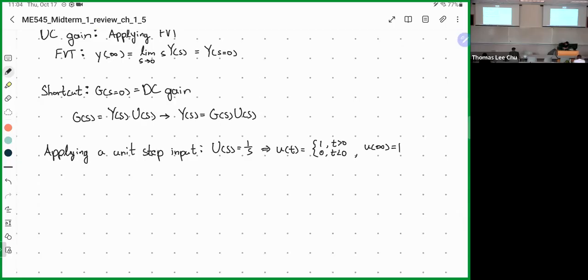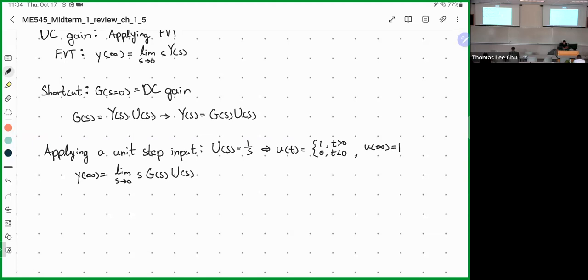Now, when I find y at infinity, we get the limit as, oh, I see why we have this. This should be s multiplied by y of s, so I guess I'll remove that. Okay, limit as s goes to 0 of s multiplied by g of s multiplied by u of s.